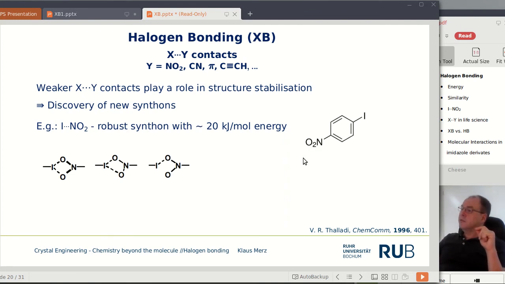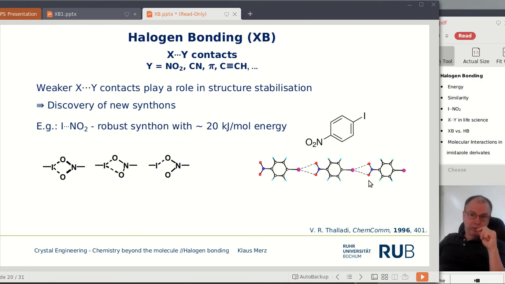And look, for example, at the crystal structure database and look at this 1,4 pattern. You will find this very nicely chained. Iodine interacts highly symmetrically with the nitro group of a neighboring molecule, and so on, and so on. Very nicely chained.